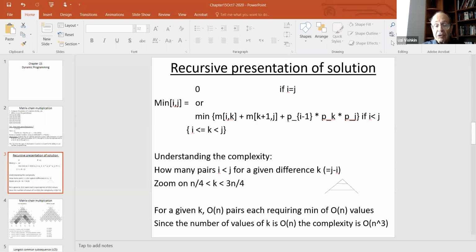So this is what will remain to be done, assuming that I've done in the optimal way the matrices from I to k and from k plus 1 to j. Does this recursion make sense to everybody?